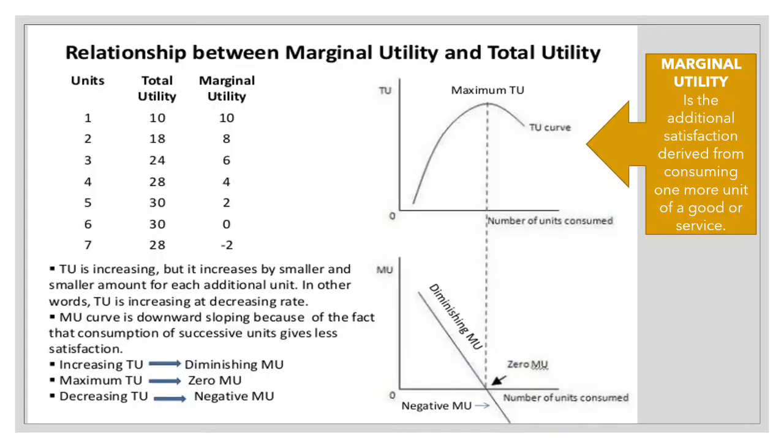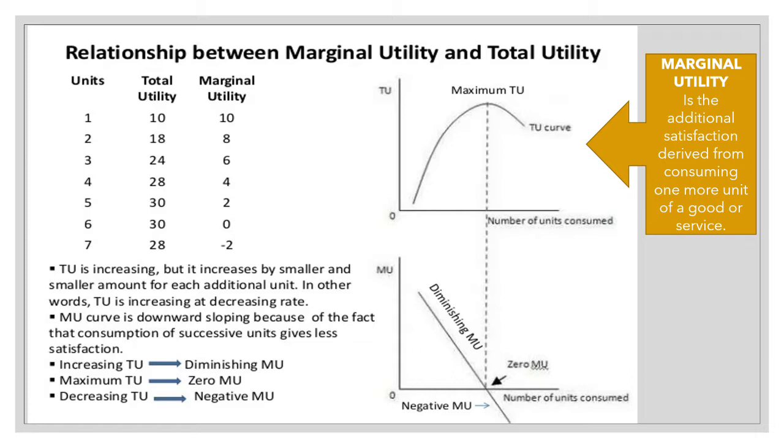To better understand this concept of diminishing marginal utility and maximizing consumer satisfaction, please bear with me as I discuss and give you a table for better understanding. This table is showing you the relationship between marginal utility and total utility.